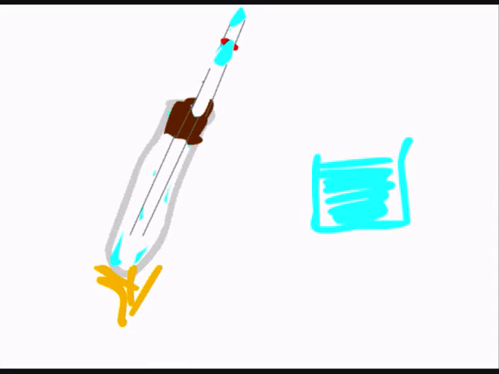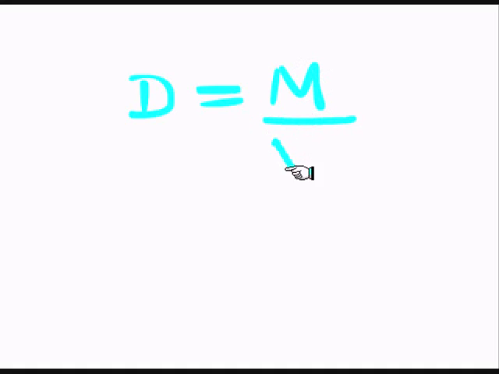See, density is equal to mass by volume, and mass of the substance is not going to change when you heat or cool it, so it's a constant.